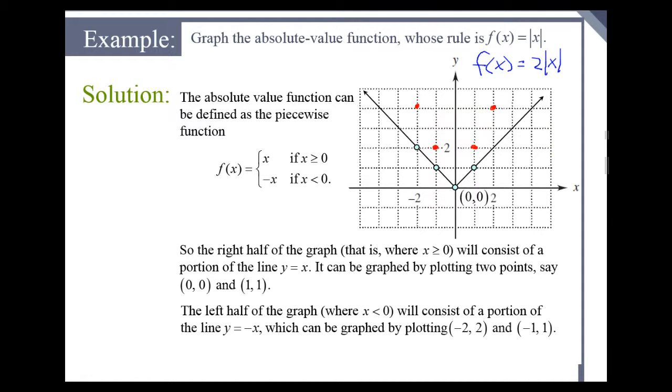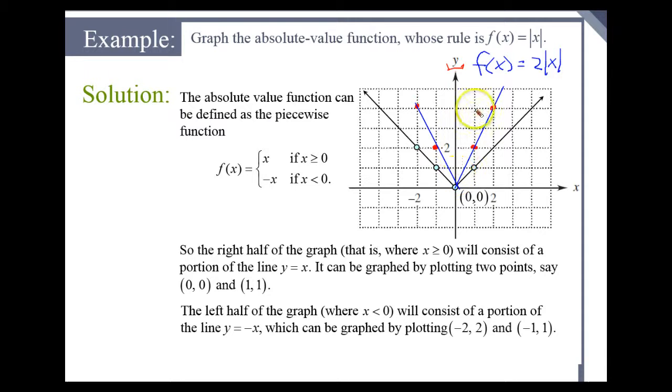Now, notice what's happening to our line, and I think this will be very useful going forward. That as you increase the value over here, the lines come closer to your y-axis.